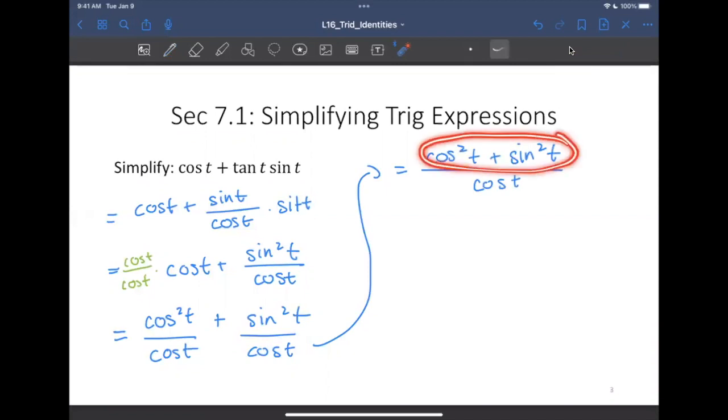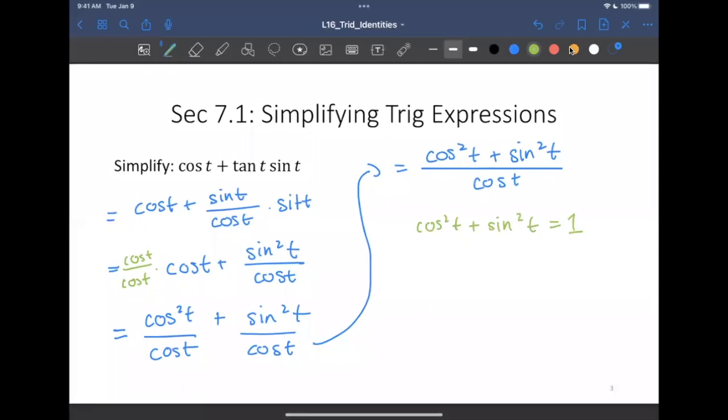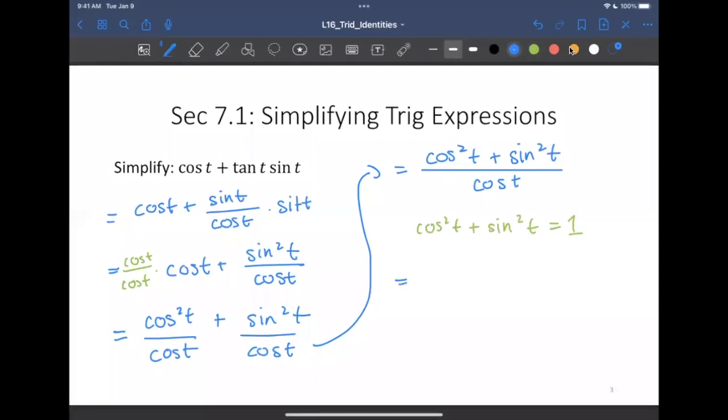This is an identity, right? This is the identity that cosine squared t plus sine squared t is equal to 1. So if this whole thing is equal to 1, then I can just substitute in 1 and get 1 over cosine of t, right?